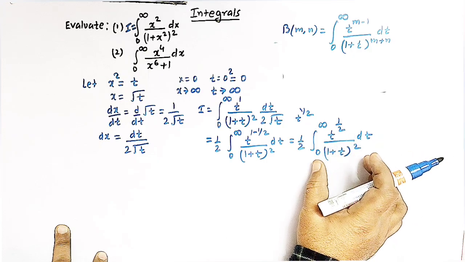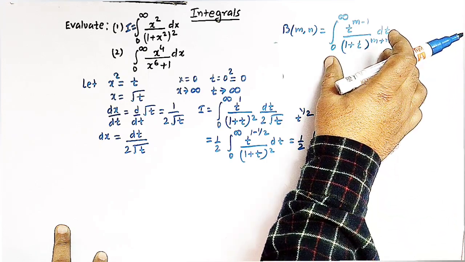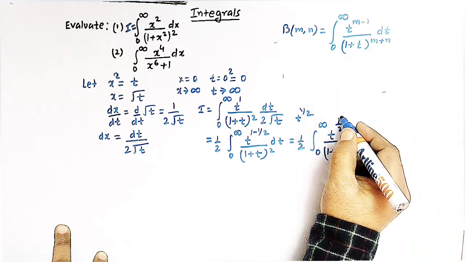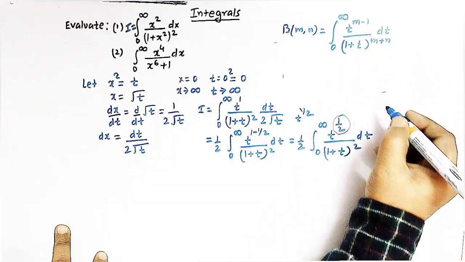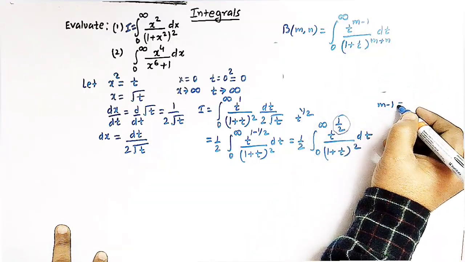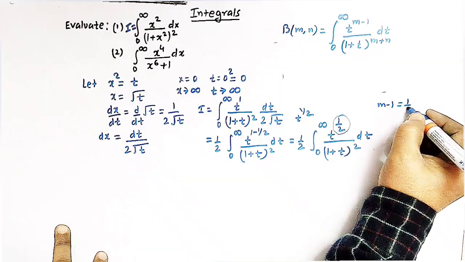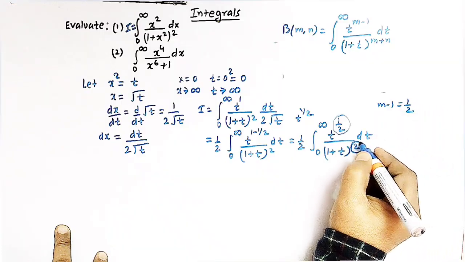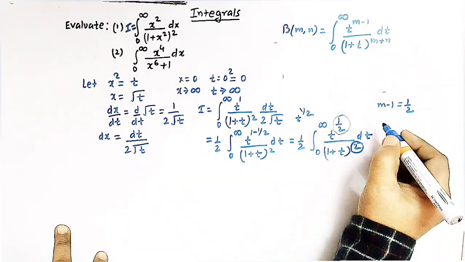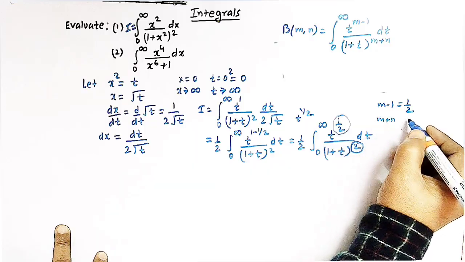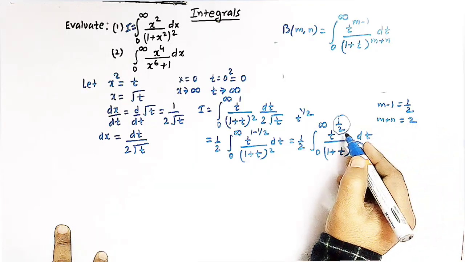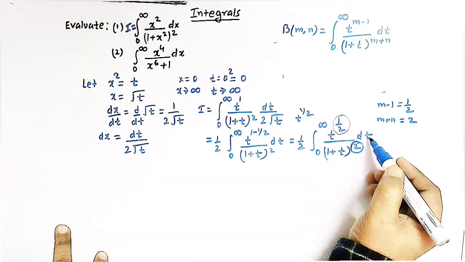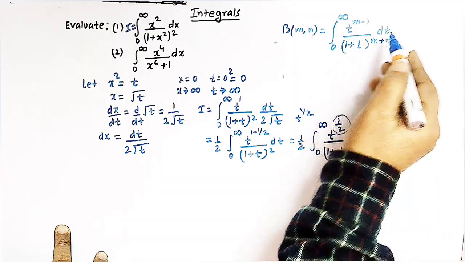So now if we compare this integral with this one, then we can see that here we have half, and here we have m minus 1. So we can write m minus 1 is equal to half, and here we have 2, and here we have m plus n. So m plus n can be equated to 2, right? Because we wish to express this integral like this.